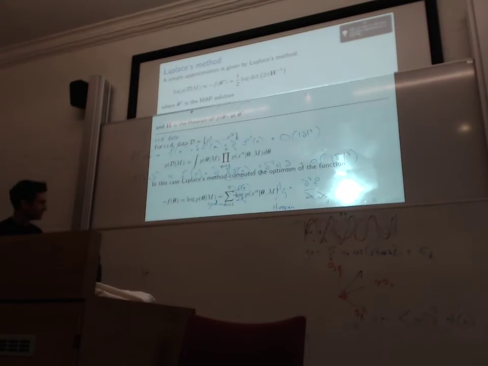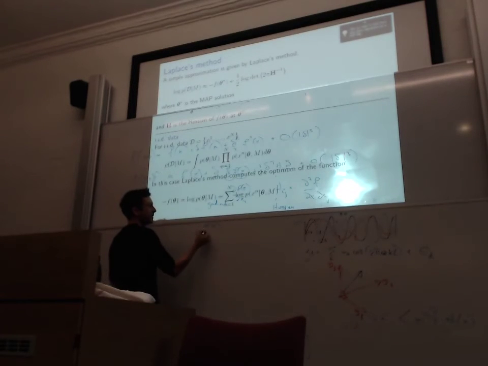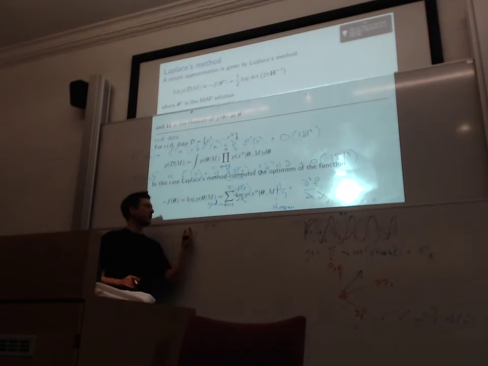It doesn't really matter how you do this. The point is that the posterior distribution is of the form e to the minus f of theta. If this posterior distribution is well peaked around some particular, most likely theta star, then maybe I can approximate the posterior around that point by some analytic expression, and then use that analytic approximation to approximate the integral.